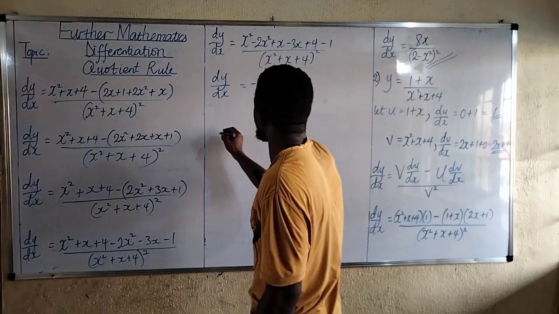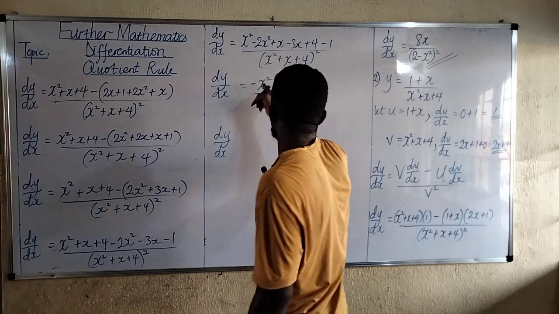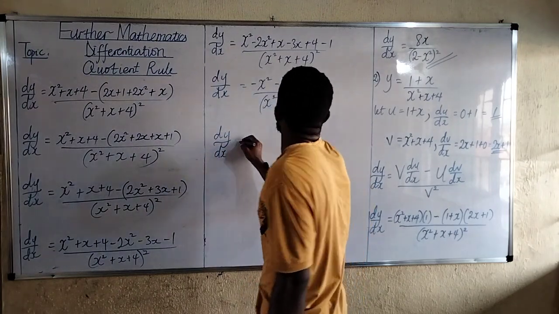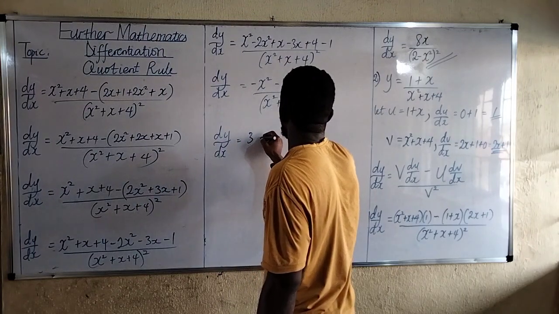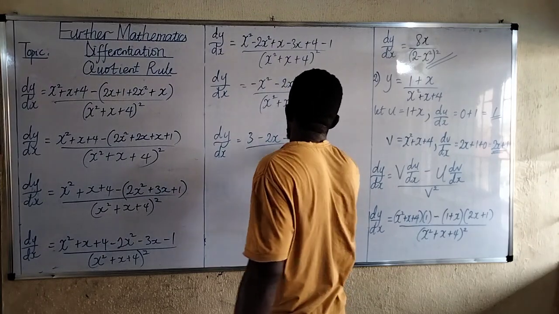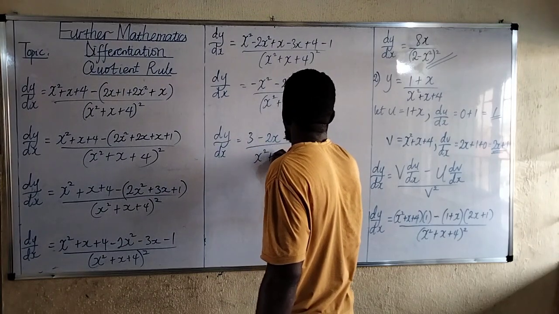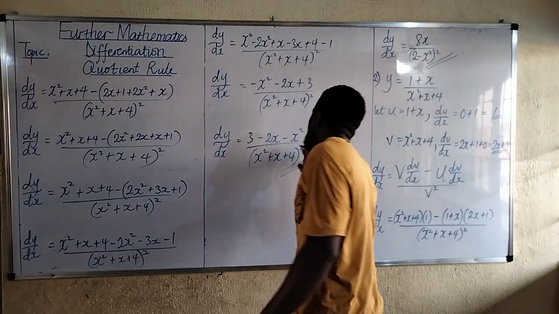We can as well write this, and our final answer will now be dy over dx. I don't want negative to start, let me start with this positive number. So it will be 3 minus 2x minus x squared, all over x squared plus x plus 4, all squared. This is our final answer.